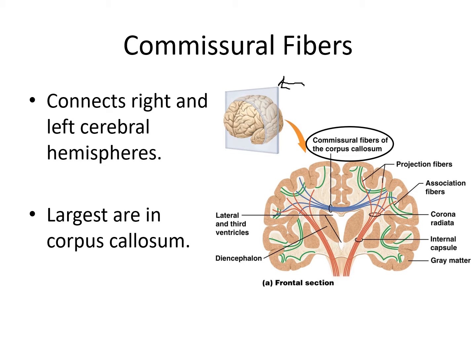So here's the right side right here, and here's the left side here. And the commissural fibers connect the 2 cerebral hemispheres together. Now, in the lab, you'll learn a structure called the corpus callosum, which connects the 2 brain halves together. And so these are predominantly found in the corpus callosum.